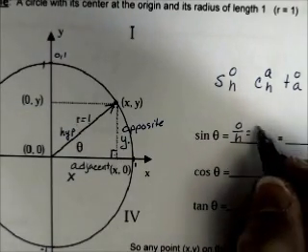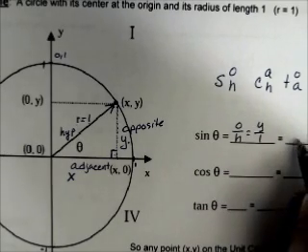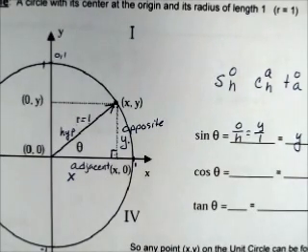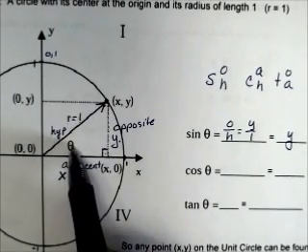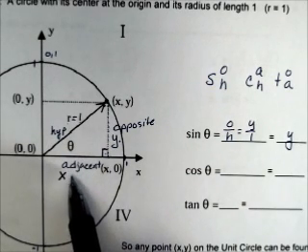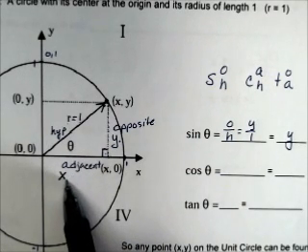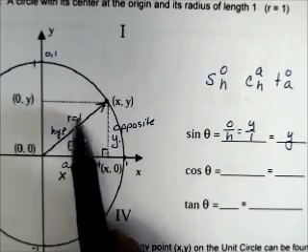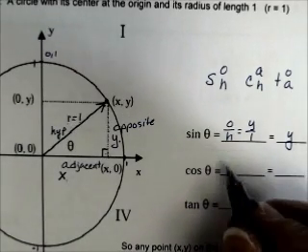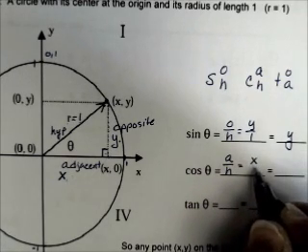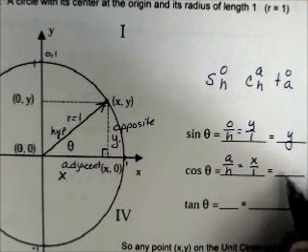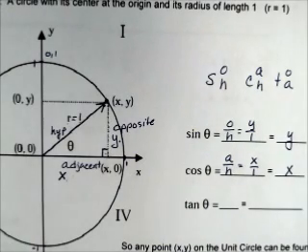So this is simply y over 1, which is equal to y. What's the cosine of theta? In relation to angle theta, adjacent is x, and again hypotenuse is 1. So cosine is adjacent over hypotenuse, which is x over 1, which is equal to x.